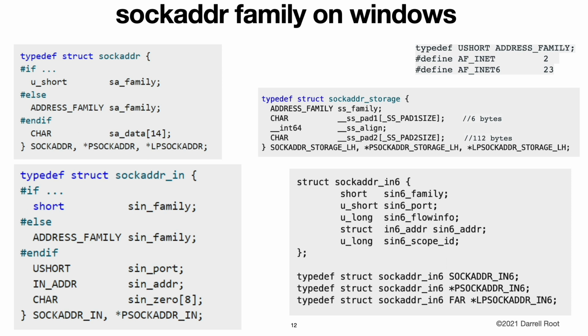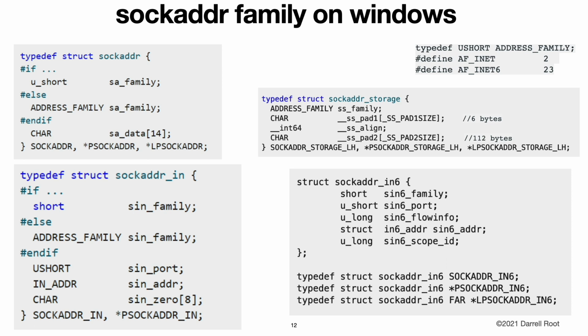Or if the family is IPv6, then you cast it to a sockaddr_in6, and then you still have the family, you still have the 16-bit port information, you have the flow info, which you might remember from the IPv6 header, and then you have the IPv6 address associated with it, and it actually also includes an IPv6 scope, which might indicate whether the IPv6 address for the socket is link local or site local or global. So here's the sockaddr_in6, and then we have some typedefs.